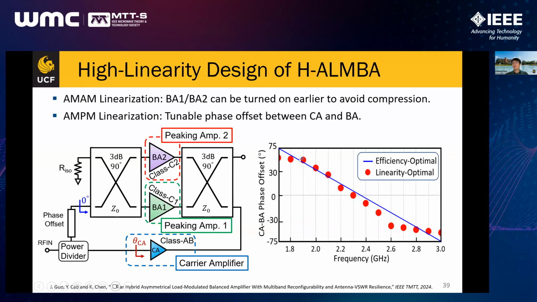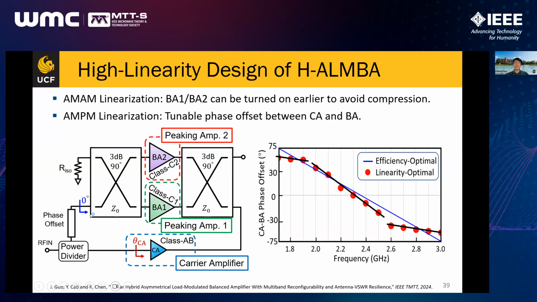But in comparison with the efficiency-optimized design of the phase offset, we can see that for the linearity-optimized design, over the entire frequency range it must be retuned. Here I'm showing an example of the design from 1.8 to 3 gigahertz. As you can see, we need different delay lengths of the phase offset for different ranges of frequencies.